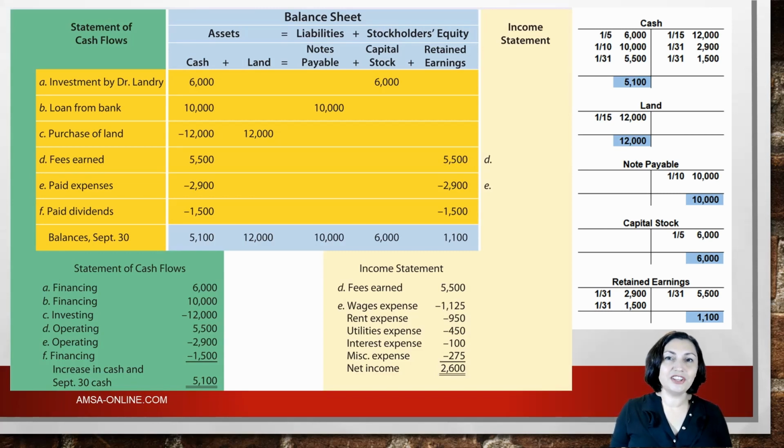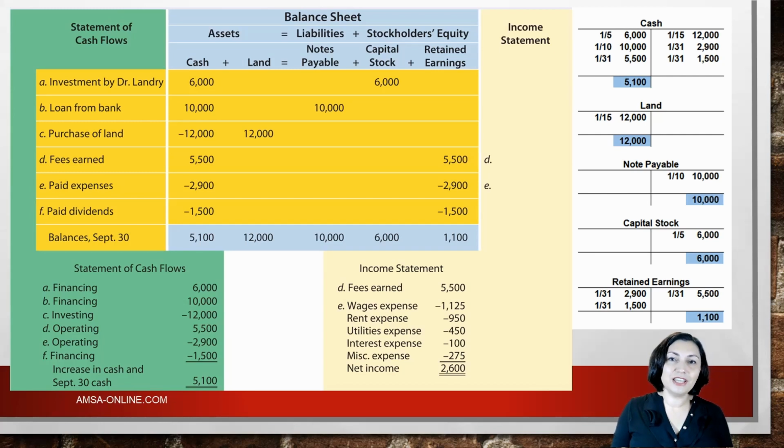The balance in the land account is $12,000, and it is on the left or debit side. We only had one transaction, and it was an increase in land, so we know the balance should be on the debit side, as land is an asset and assets are increased by debit.